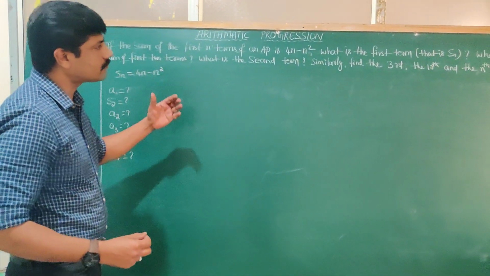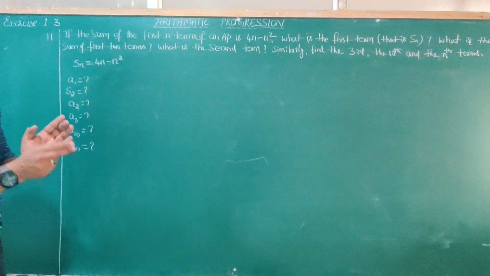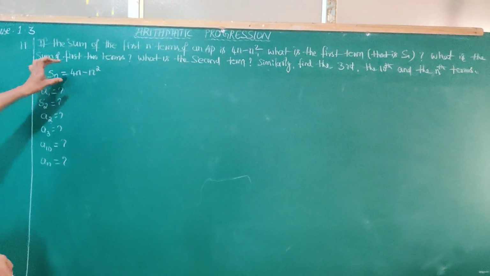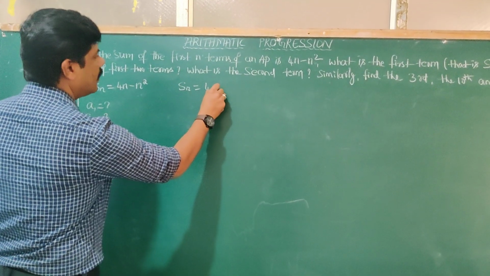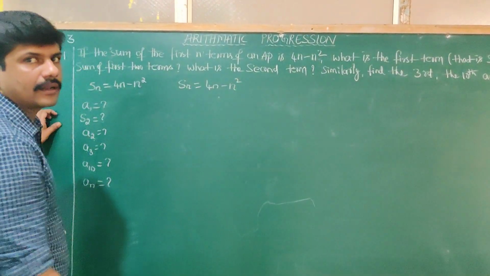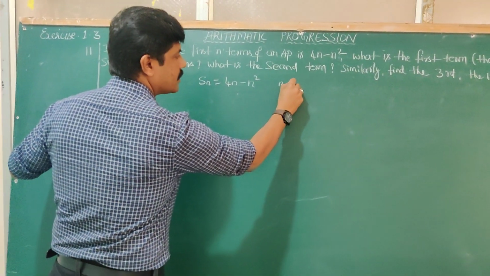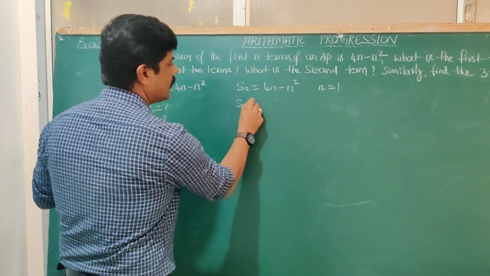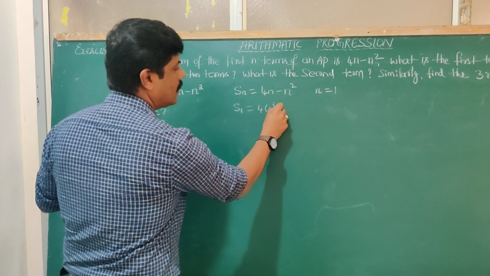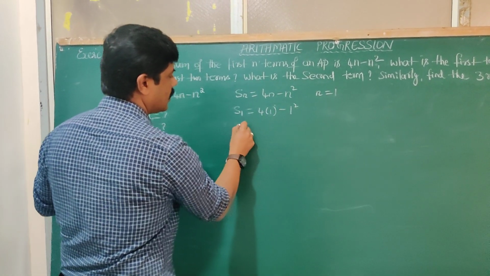Now see, what is the first term? First term means what is the value of n? Take this: Sn = 4n minus n square. Here put n = 1. If you put n = 1, S1 = 4 into 1 minus 1 square.